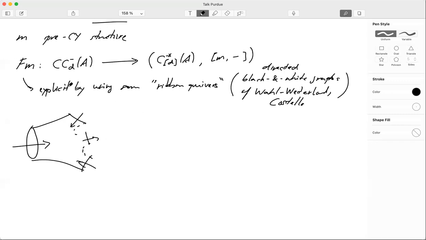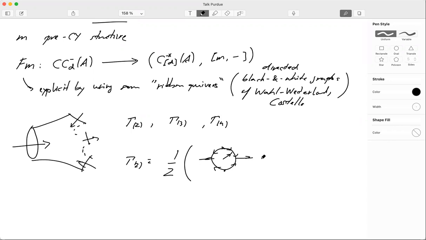Practically speaking, we produce this F_M by defining a sequence of graphs, gamma 2, gamma 3, gamma 4, and so on. These are all ribbon quivers. For gamma 2, for example, I can write the graph explicitly as a symmetric linear combination of graphs like this.